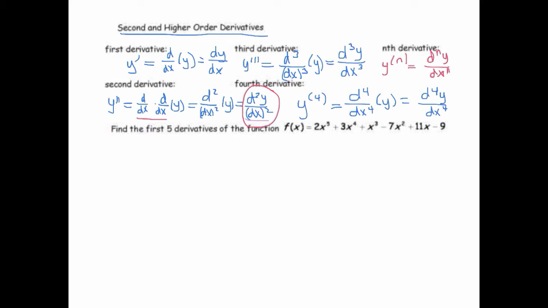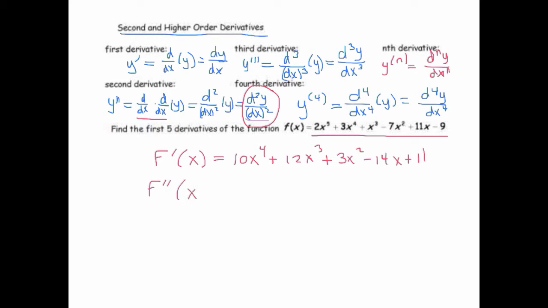Using function notation and an example, we can take the first derivative of f of x here, indicating it with that f prime. That would be 10x to the fourth plus 12x cubed plus 3x squared minus 14x plus 11. And we'd indicate the second derivative with two tick marks.